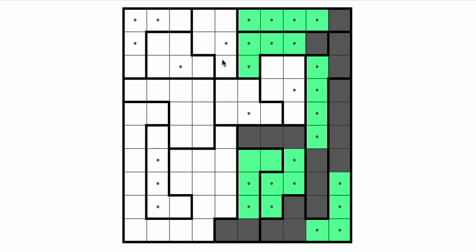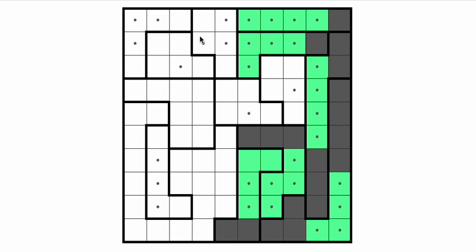Then the rest would be unshaded and the black one would be stranded, so it's not black. What if this was the black one? Well, then we would have 4 cells making an L touching another L, which we can't do. So this has to be unshaded.